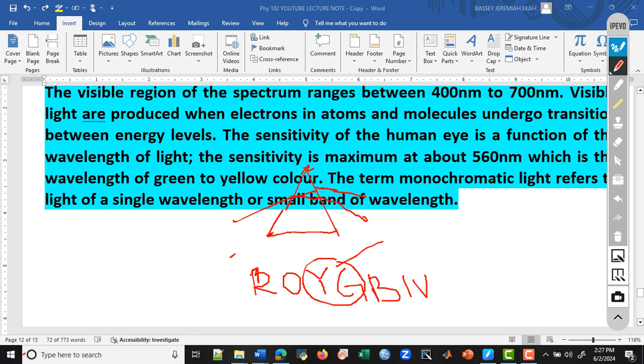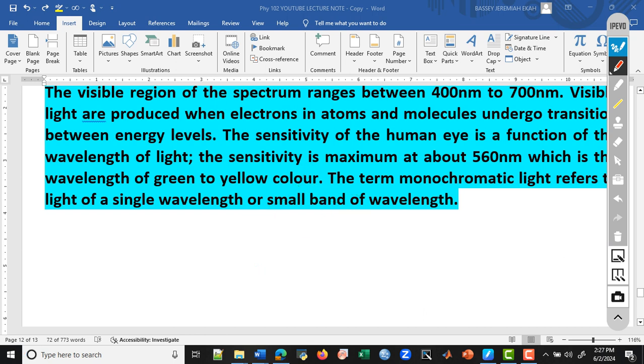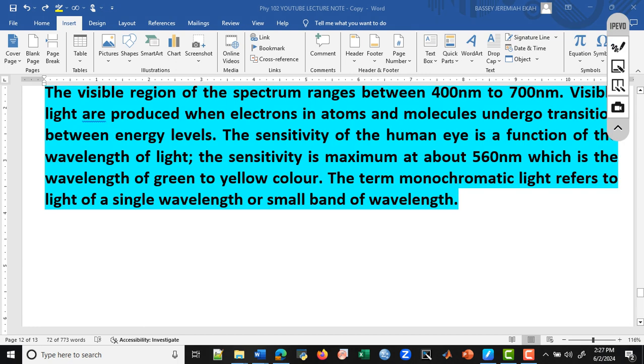When you have white light being separated into different colors, those are monochromatic light of a particular frequency. And the separation of white light into different colors is referred to as dispersion.